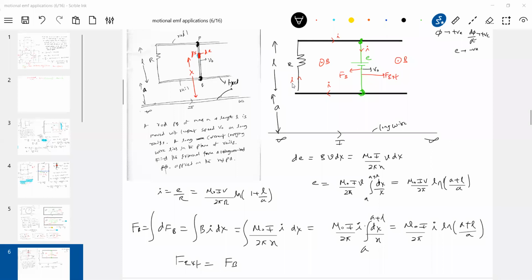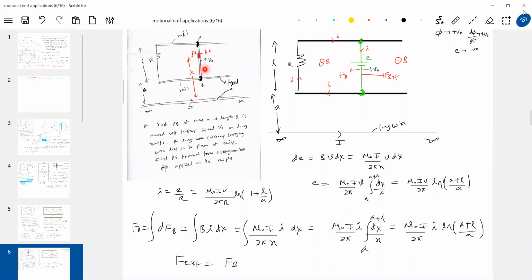Where does this ampere force lie? It will not be at the midpoint, no? It will be below the midpoint. You can see that as you move away from the wire, the field strength decreases, no? So the resultant force will act somewhere here. So to avoid that torque, I'll apply F external somewhere here.